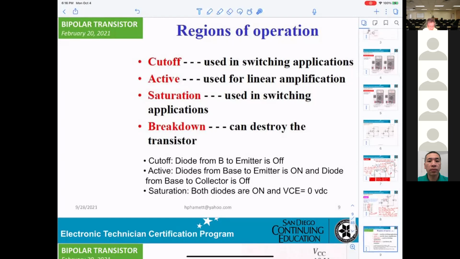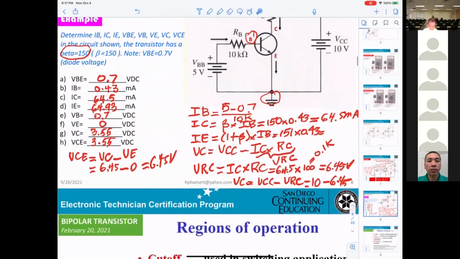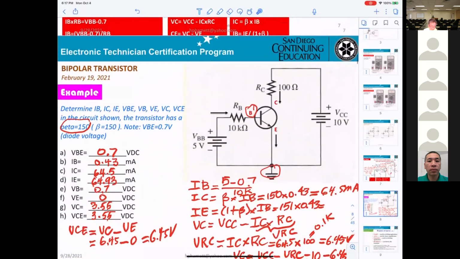Now, they will be telling you that in the cut-off operation, the diode from the base to emitter will be off. They're telling you, you get a diode here, from base to emitter. If they're not working, they open, and that will be cut off.